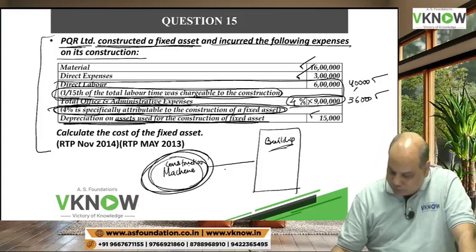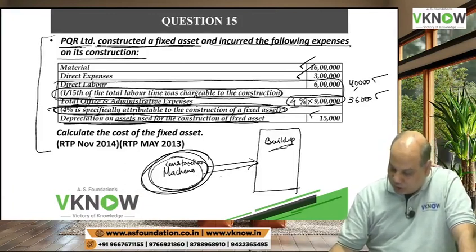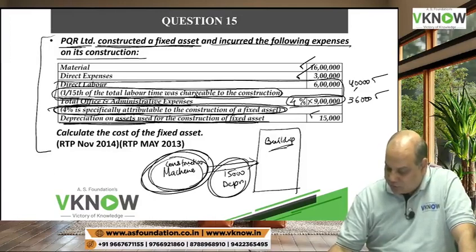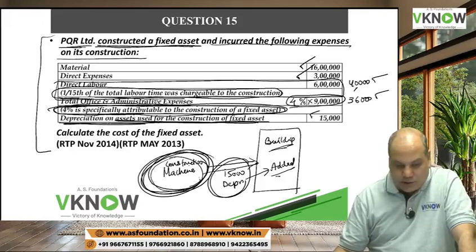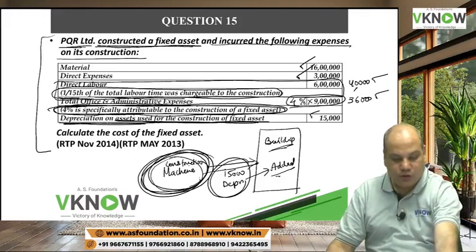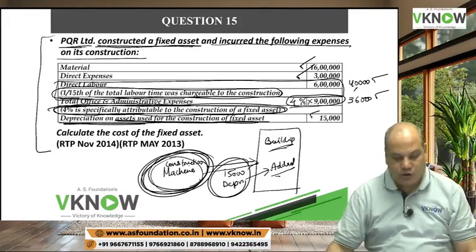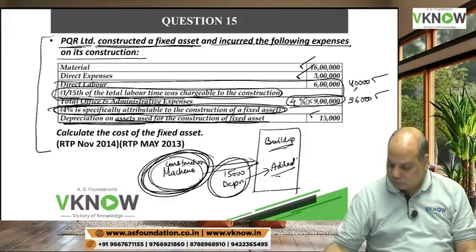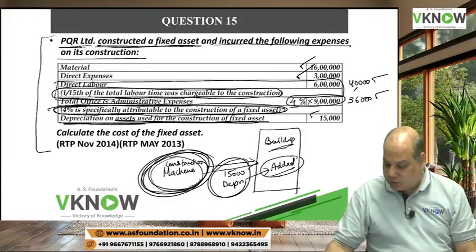This machine was used in the construction of the building and you have incurred 15,000 rupees depreciation of this machine. But this depreciation will be added to the cost of building because the asset was used for the construction of the building.